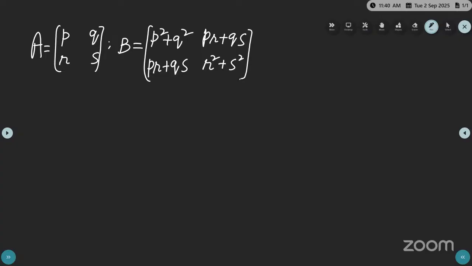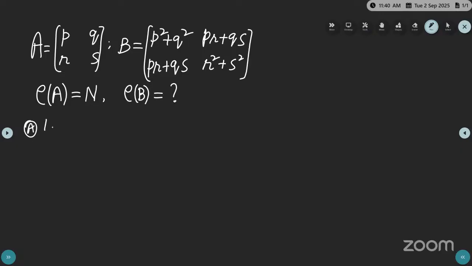If the rank of matrix A is capital N, then the rank of the matrix B is, I'm giving you the options.